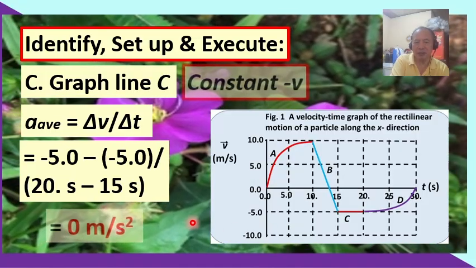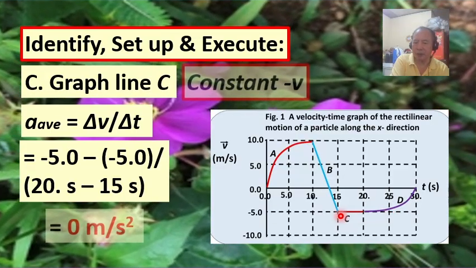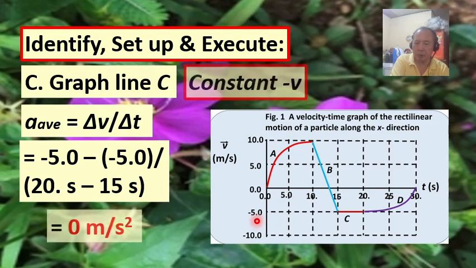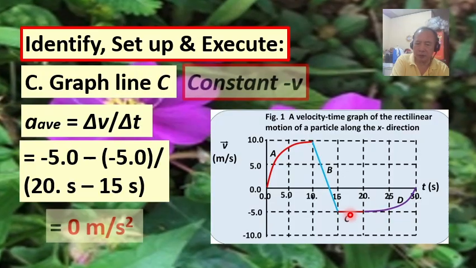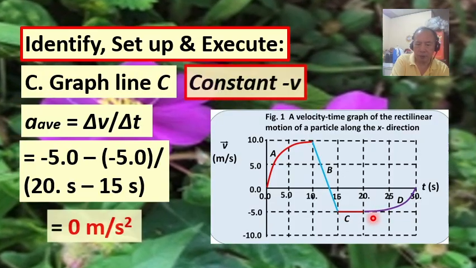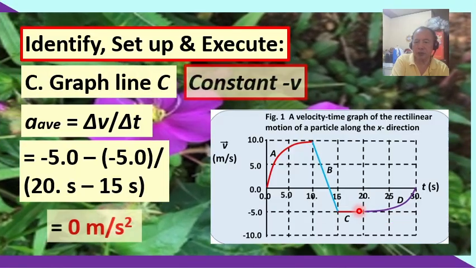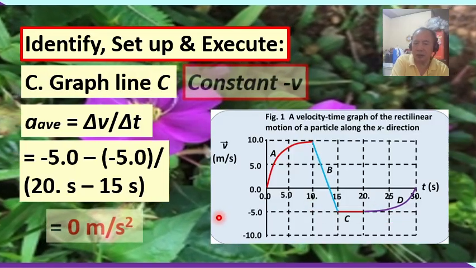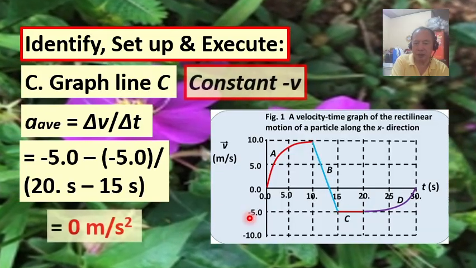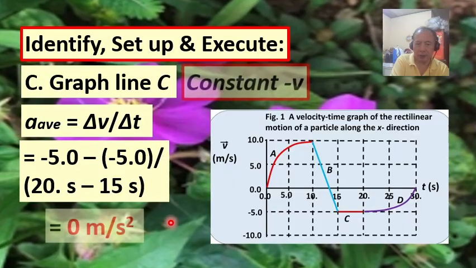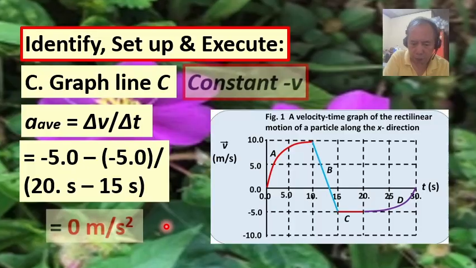But in this case, right, the velocity is not 0, but is in fact equal to negative 5.0 meter per second. And it remains constant within this time interval. All right. And during such time interval, there is no change in the velocity, right? Hence, the acceleration is considered 0, right? And our computation here is the proof to that.